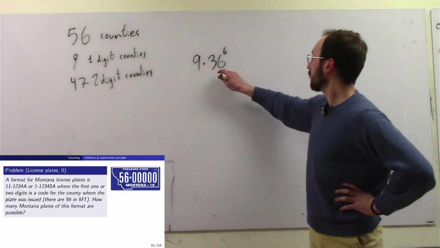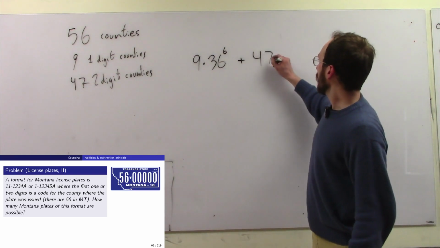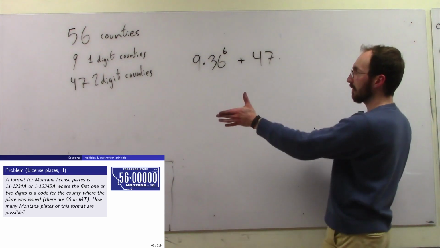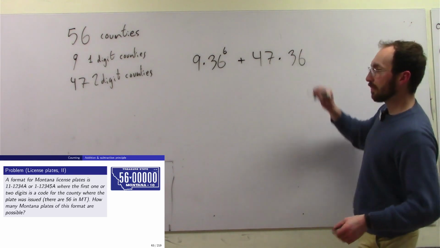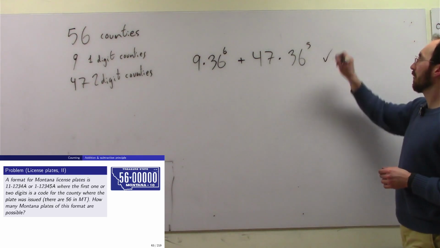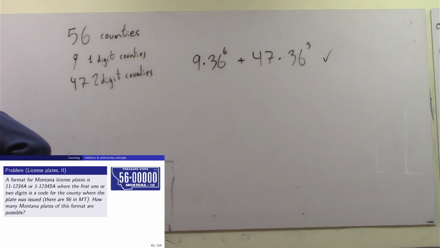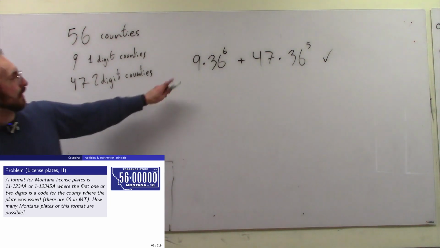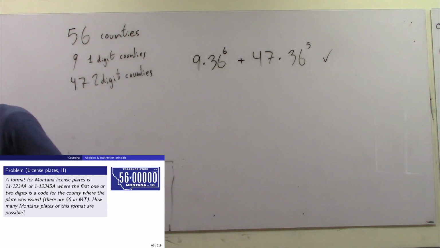So we fill it up like so, or if we have a 2-digit county code, there are 47 of those, and we're now left with just 5 characters, so multiply that by 36 to the 5. And we are happy. And I really wish I calculated this, but I think this is a bit over 1 million, so we still have plenty of license plates. That's good.